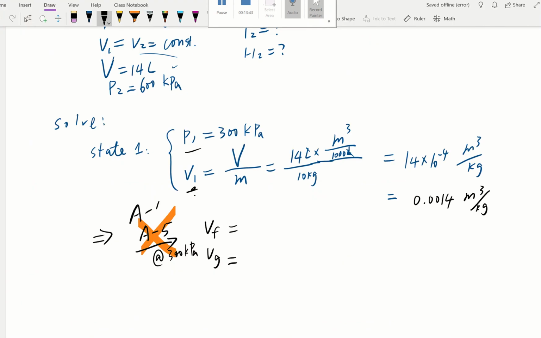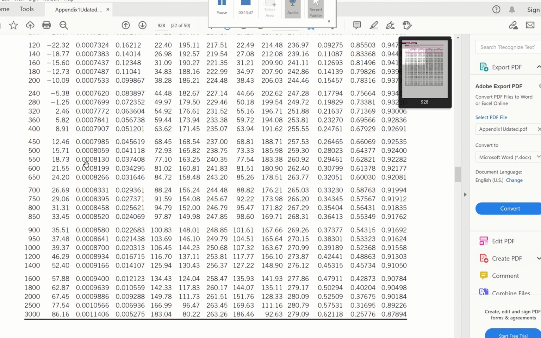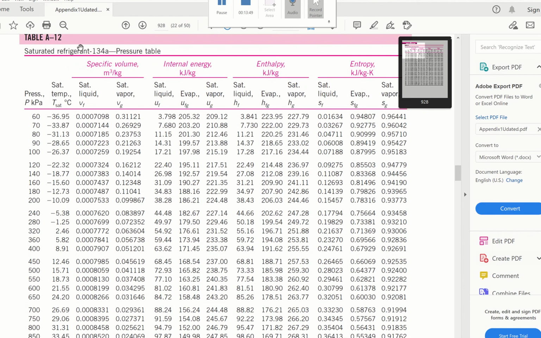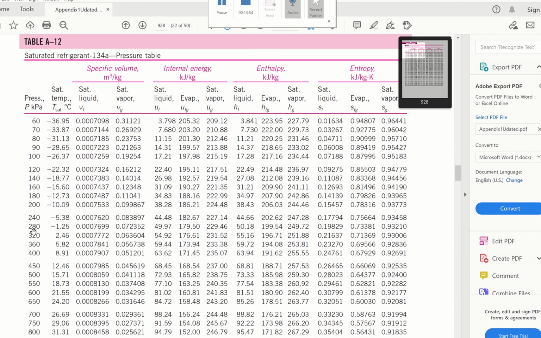So A12 at 300 kilopascal. That's our A12 pressure table at 300 kilopascal. Well, what do we notice? There's no 300 kilopascal. The ones that wrap around 300 kilopascal are 280 and 320.